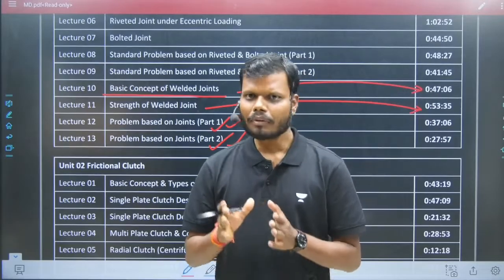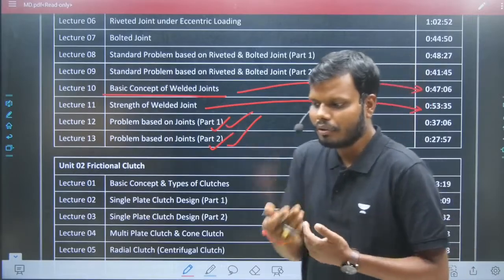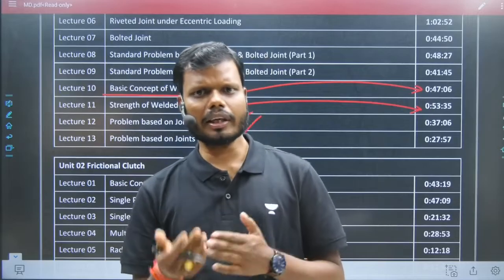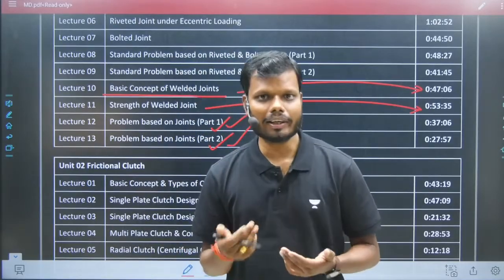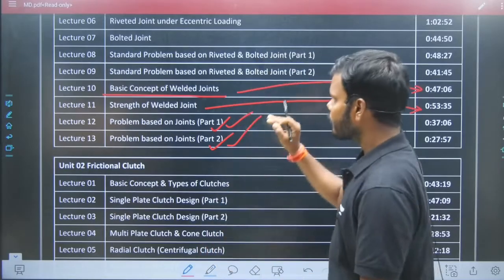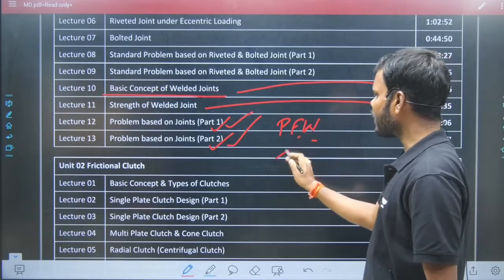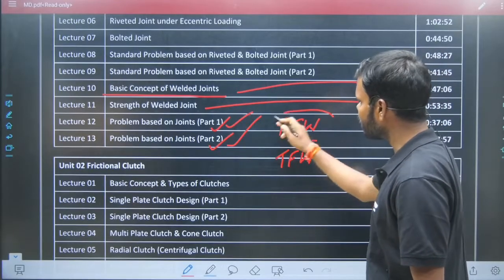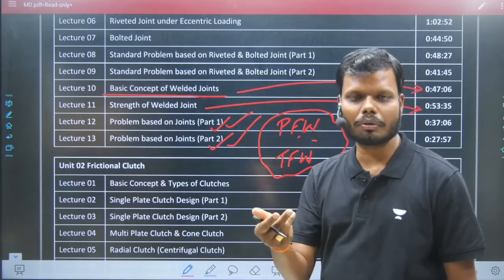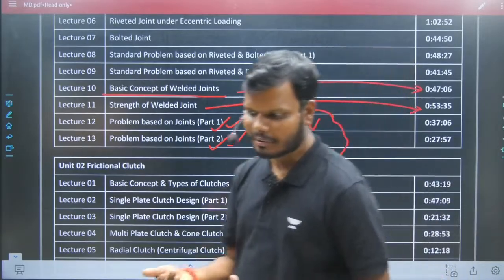So we can study lecture wise, but if you are confused about the eccentric loading of riveted joints, or the concepts of welded joints, that is parallel fillet weld and transverse fillet weld, then you can directly go to this lecture and watch it, and your concepts will be clear. In welded joints, two points are very important: parallel fillet weld and transverse fillet weld.